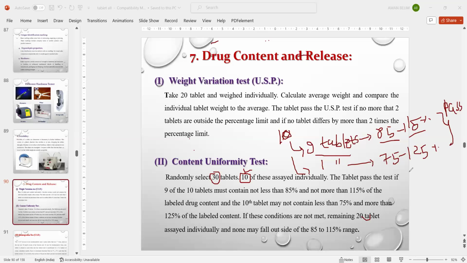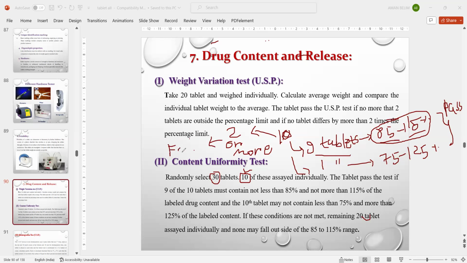But if out of these 10 tablets, two or more are outside the 85 to 115% limit, then this test will fail.